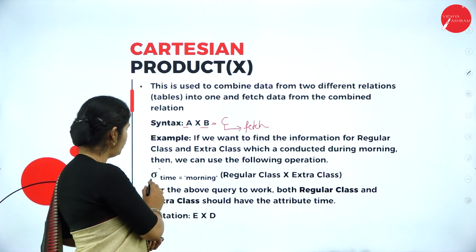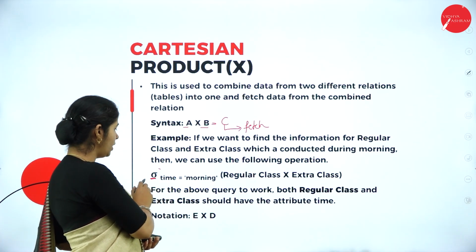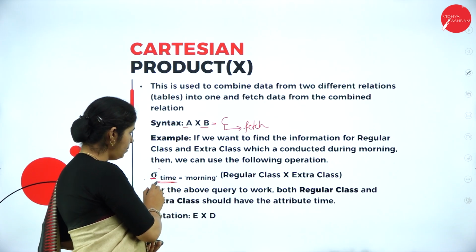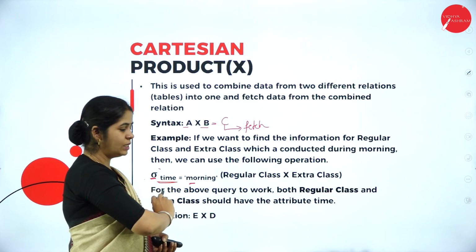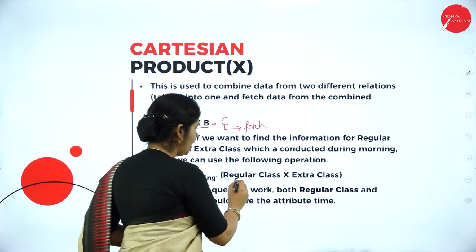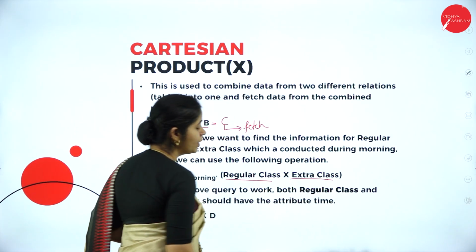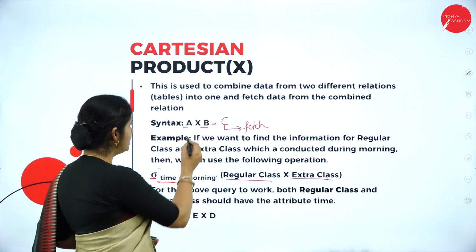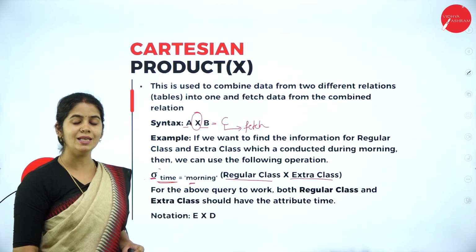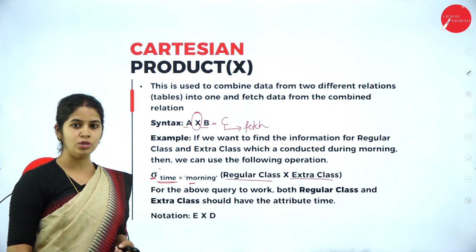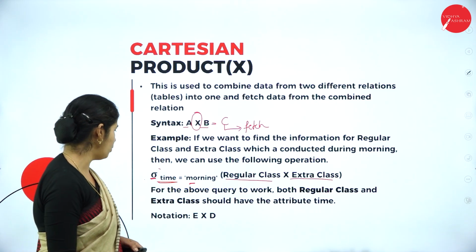So what we are doing here is using the select operation: select time, where the time is morning, as given in the statement, from the regular class as well as the extra class. This multiplication symbol is the notation used to represent the Cartesian product.